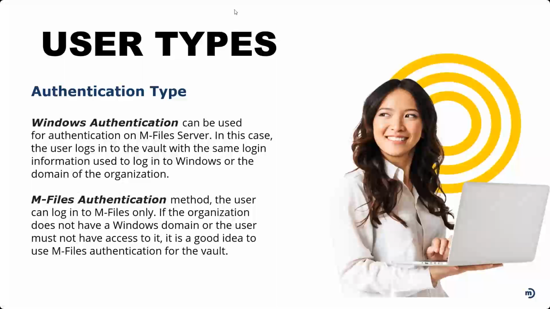So like when you log onto your PC, your username and password there would be the same that you would use for mFiles. The other way is the mFiles method, which means you would have another username and password that would be separate from your PC username and password.